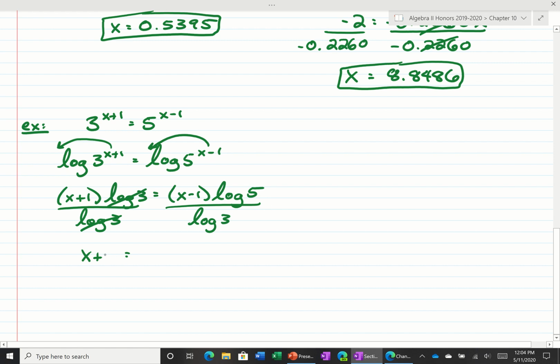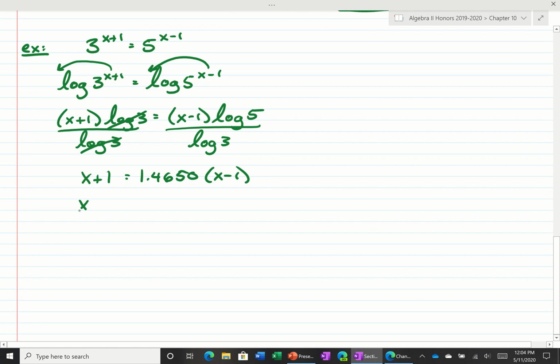This is going to be an x plus 1 here. And on my calculator, I'm going to type in log 5 divided by log 3. And I'm getting 1.4650. I have to multiply that by x minus 1. And then we have to try to get all the x's on the same side.